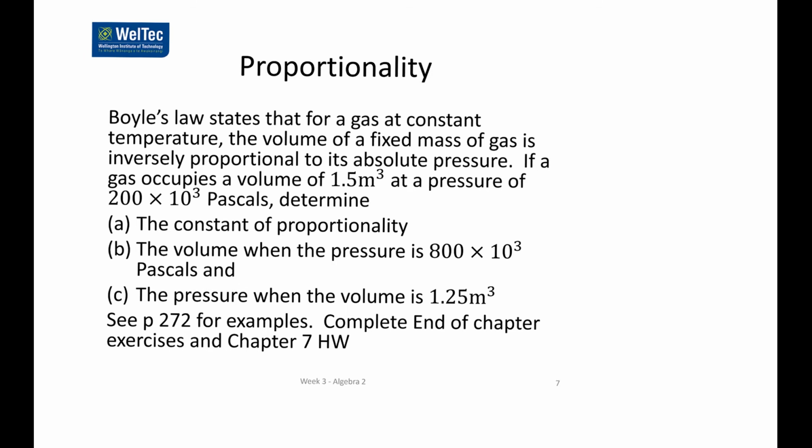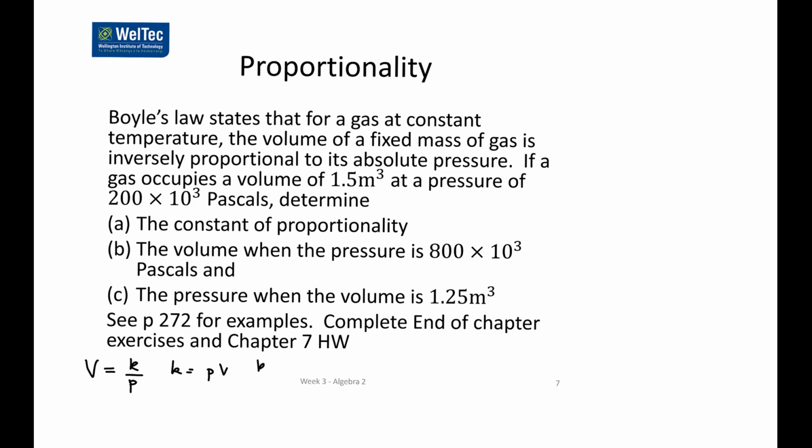Okay, so we know from Boyle's law that V is equal to some constant over the pressure, or that the constant is equal to P times V. In this case, P is 200 times 10 to the 3, and V is 1.5 cubic meters.